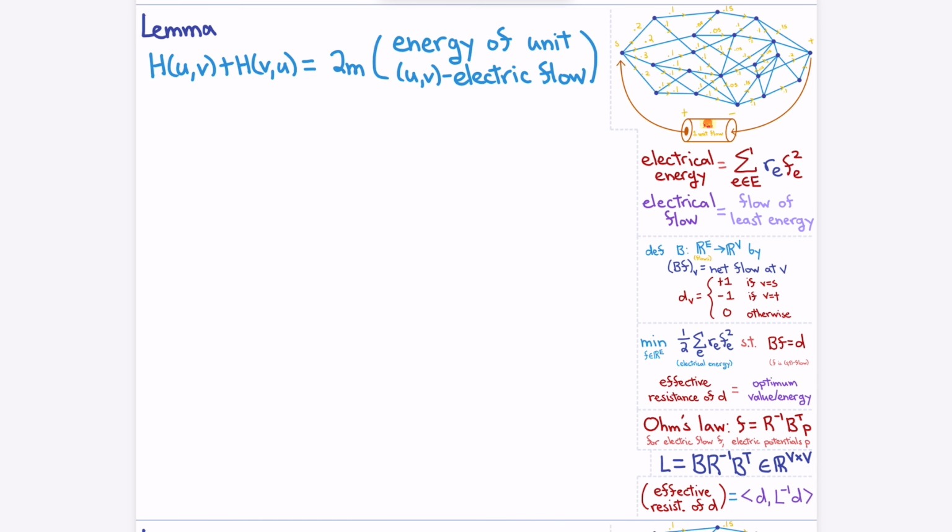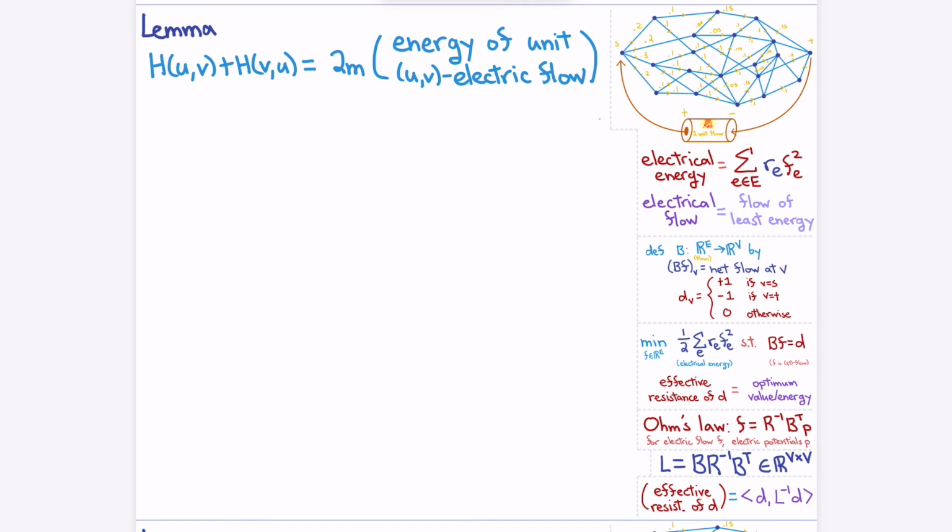Okay, so now I'm going to try to prove this. The hitting time from u to v plus the hitting time from v to u is 2m times the energy of a unit uv electrical flow, right? Which is just some insane claim, because it's exact. Okay, so what is it?